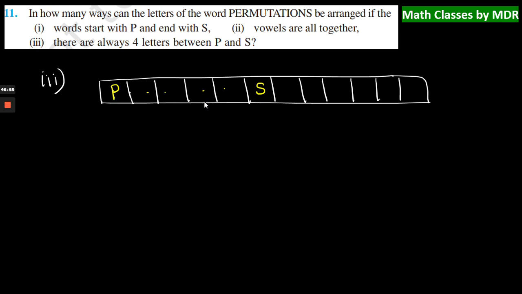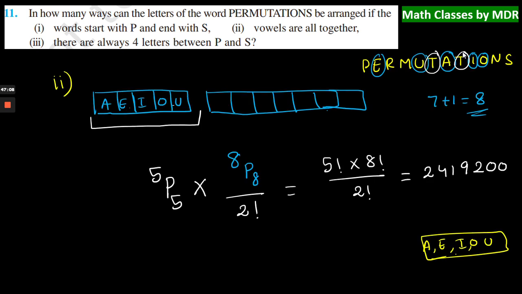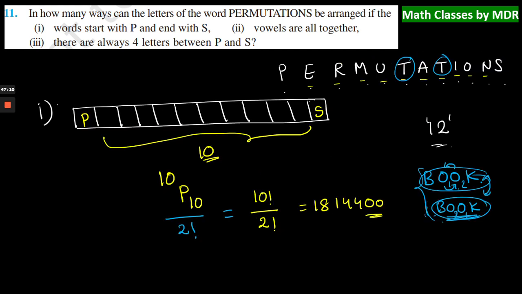Right? Then, out of the 12 letters, the positions of P and S are fixed, so we have 10 letters remaining.